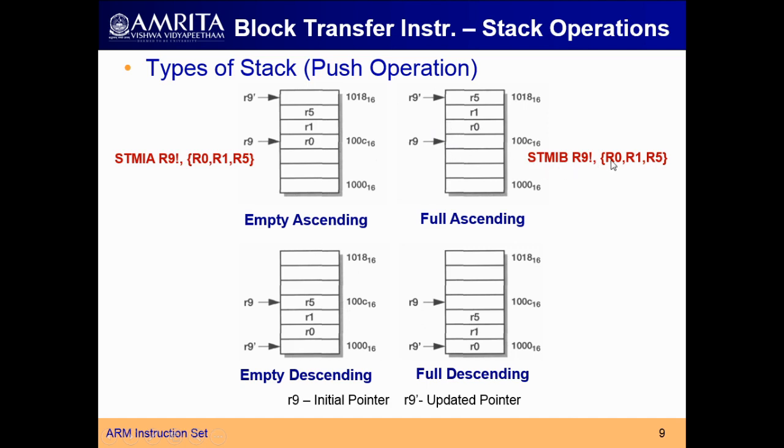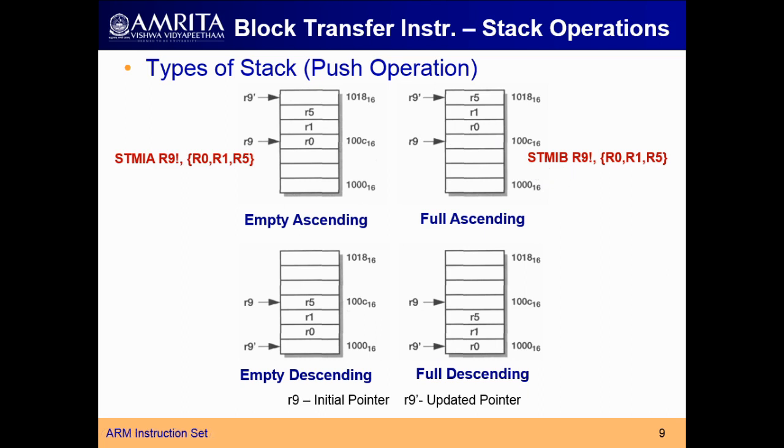Then R0 content will be stored onto the address pointed by R9. Then again it will be incremented, R1 content will be stored. Again it will be incremented, R5 will be stored. So first incrementing of the address pointer or stack pointer will take place, then only the store operation. That is why STMIB is being used.